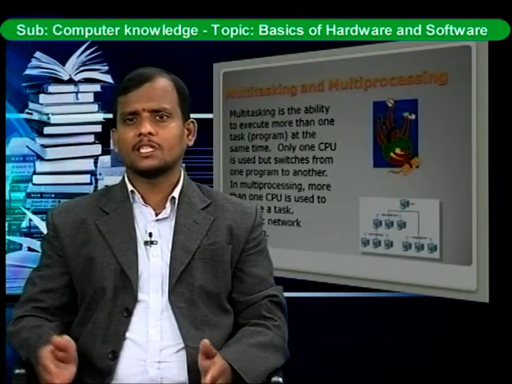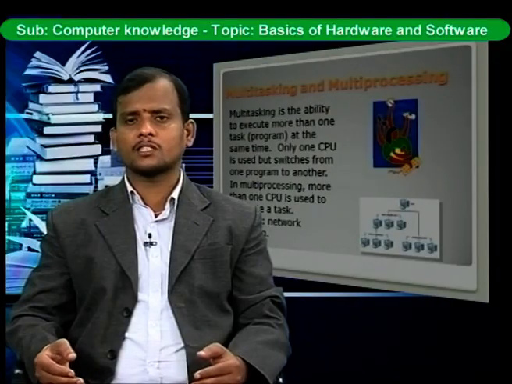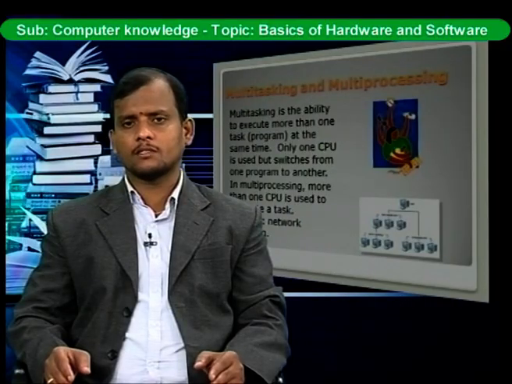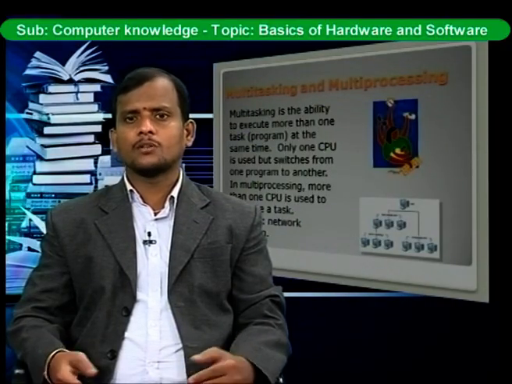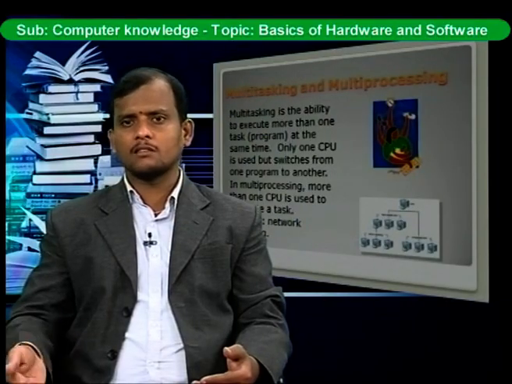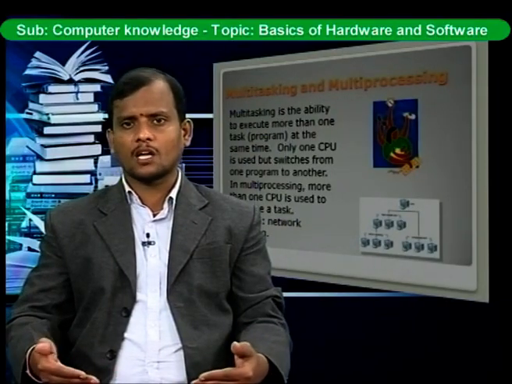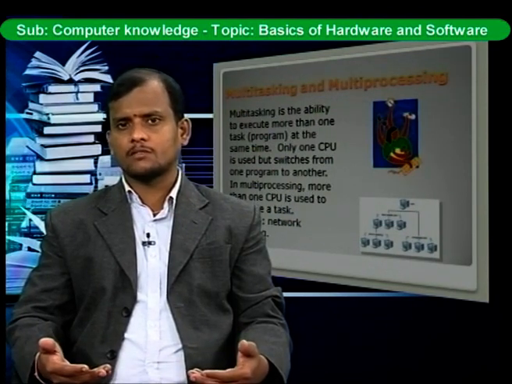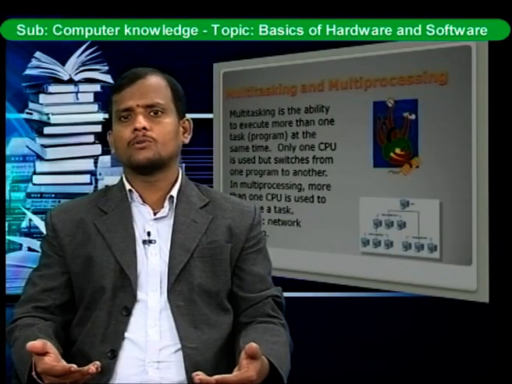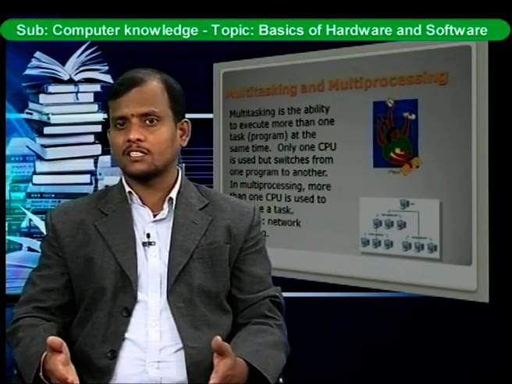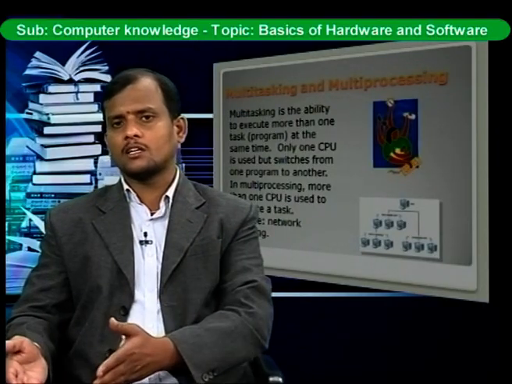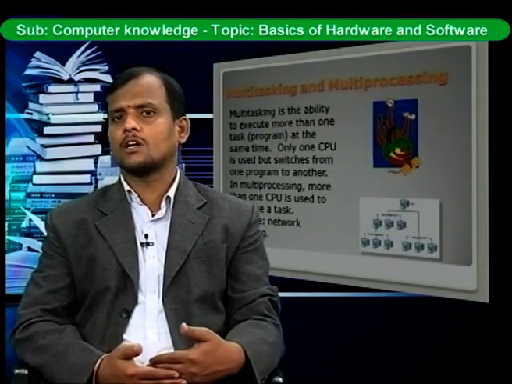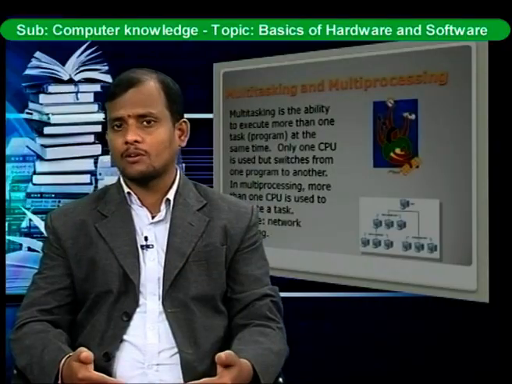So one CPU taking multiple inputs, for example in your personal computer. You can open a video, you can browse Google. Parallelly the video is playing, and parallelly you are giving some instructions to the CPU. Suppose you open notepad and type something, that is one execution, you are playing a video, that is another execution, and you are playing some audio, that is another execution.